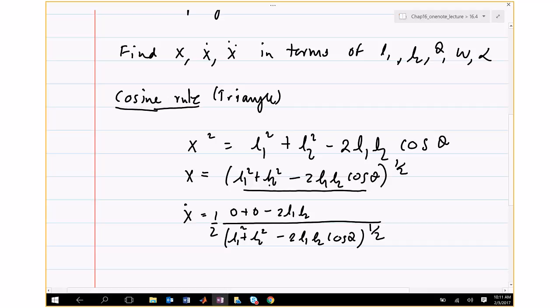Derivative of cosine is minus sine, and then I need to take the derivative of theta with respect to time. That is d theta dt, that's going to be omega.